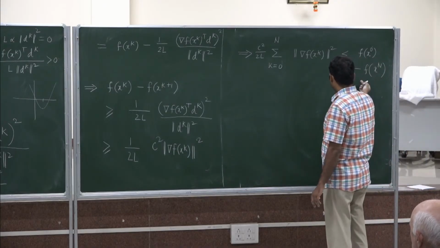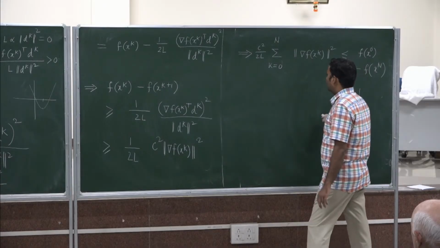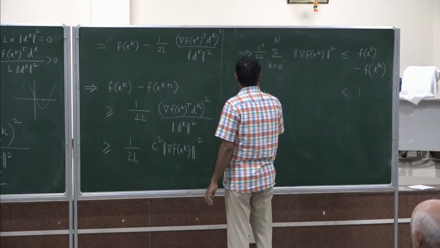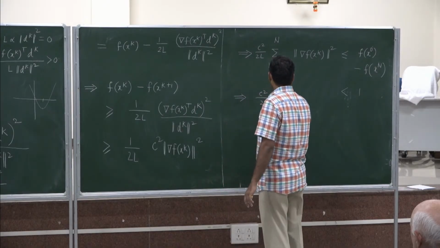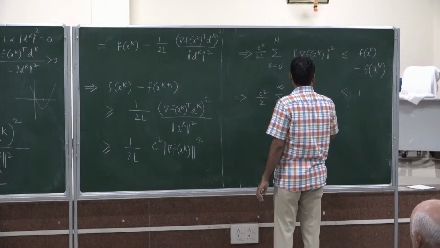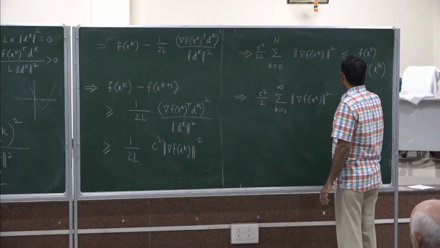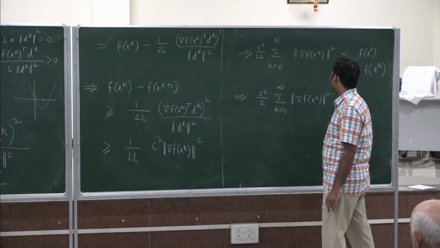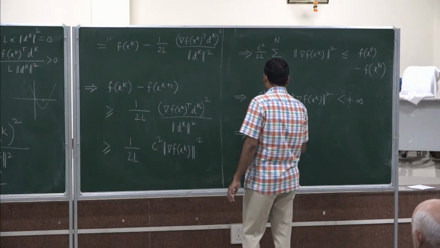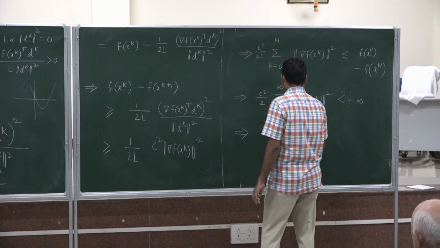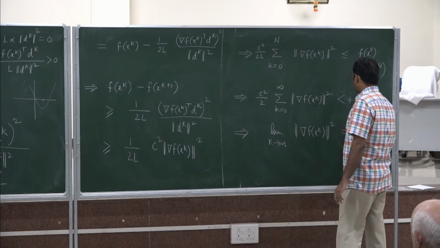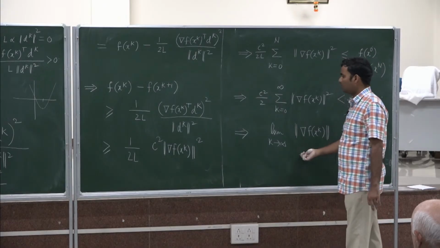And which is a finite quantity. Even if I take capital N tends to infinity, c squared by 2L times the sum for k equal to 0 to infinity of norm of gradient f(xk) squared is less than positive infinity because f is bounded below, and therefore we simply have limit k tends to infinity of gradient of f(xk) is equal to 0, and that is what we wanted to prove.